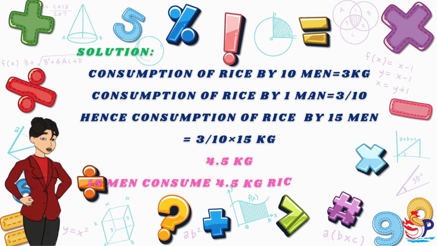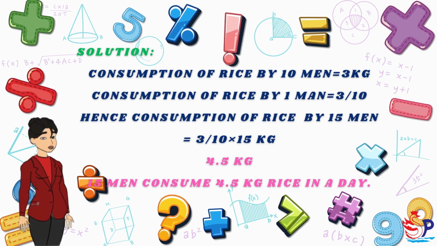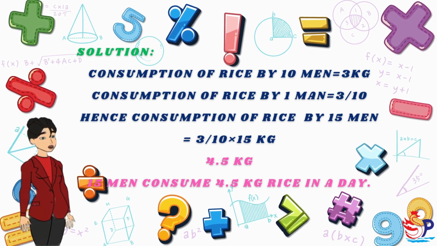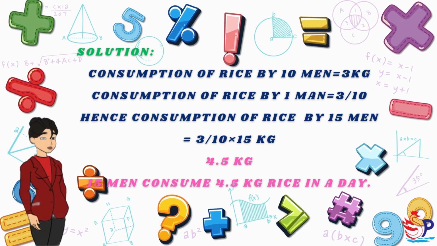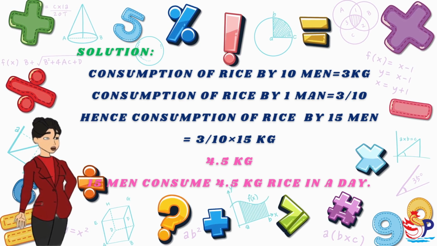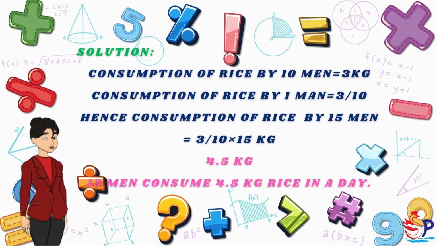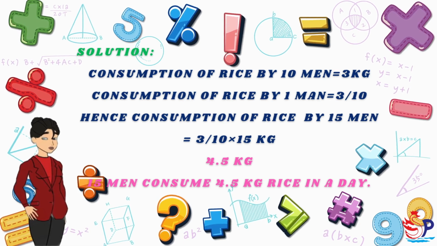Hence, consumption of rice by 15 men is equal to 3 by 10 multiplied by 15 kilograms equals 4.5 kilograms. 15 men consume 4.5 kilograms of rice in a day. Final answer is 4.5 kilograms.